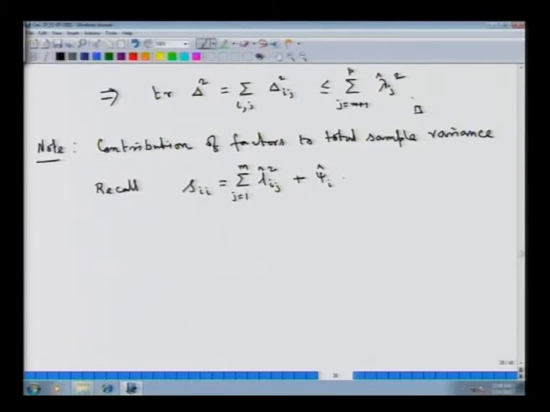So, this is the expression for approximation, that we are going to approximate S_ii by this particular term, and from here we can say that the contribution of the first factor to S_ii is going to be given by, if we look at this term here, L_i1 hat square, L_i2 hat square and so on up to L_im hat square.